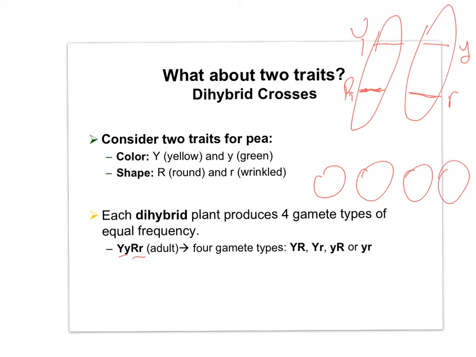In the case of Y, we're talking about a color, with one version of the gene being yellow, the other green. And again, each of them sorts independently, depending on which of the gametes it ends up in after meiosis.